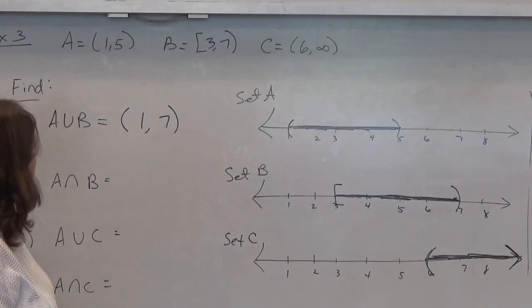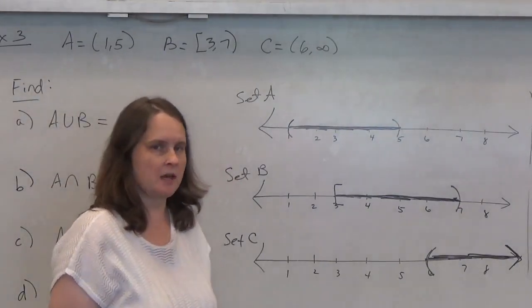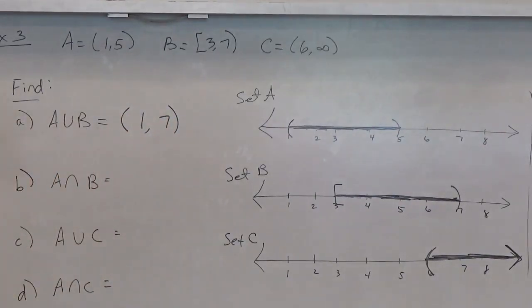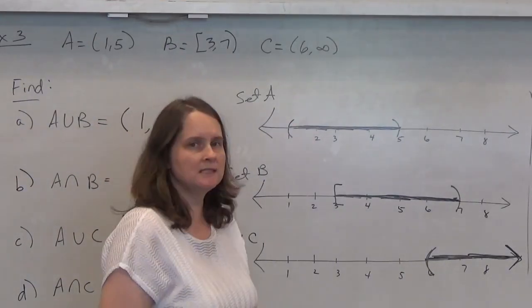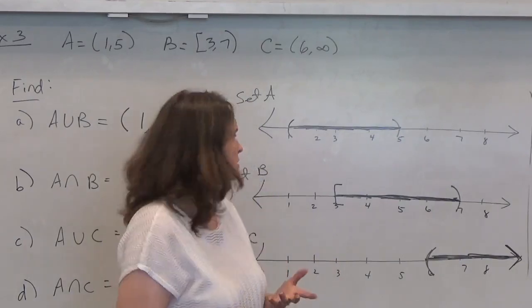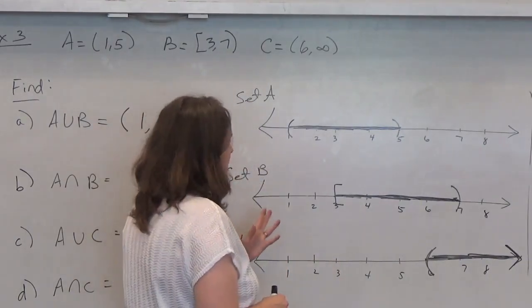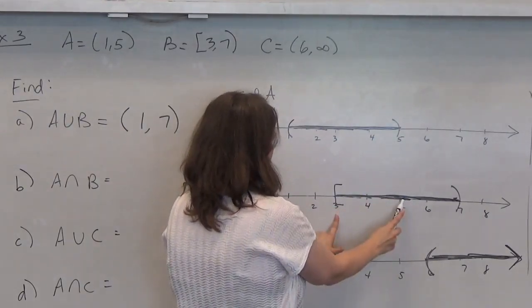Part B, A intersect B. All right, again, pause it, think about it for a second. So A intersect B means that you only take the areas where sets A and B overlap, where they touch. And they only touch from here to here, so from 3 to 5.